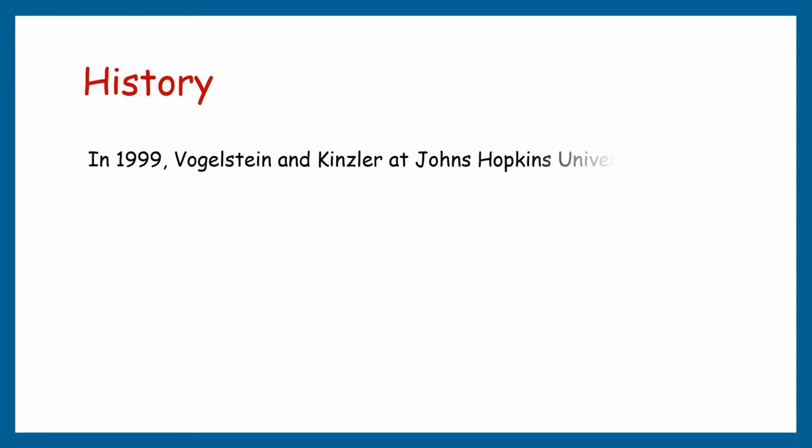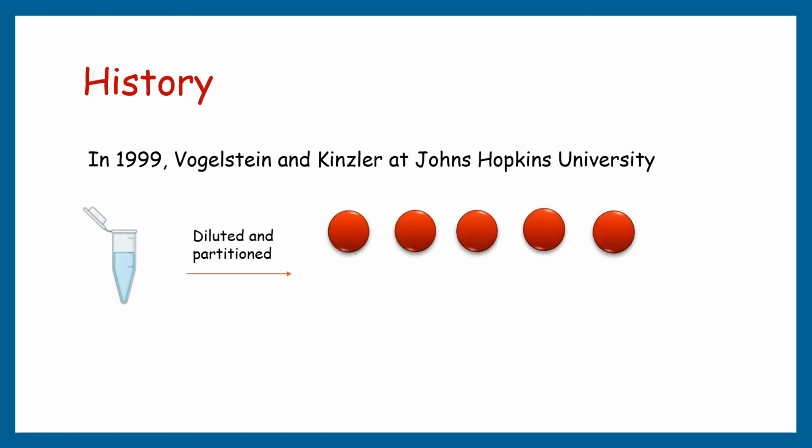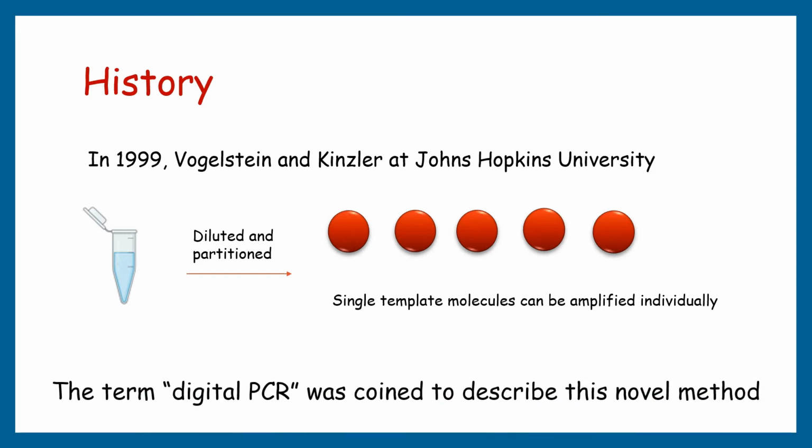In 1999, Vogelstein and Kinzler at Johns Hopkins University developed a method whereby a sample is diluted and partitioned to the extent that single template molecules can be amplified individually, each in a separate partition, and the product detected using fluorescent probes. From this method onwards, the term digital PCR was coined. However, it still needs laborious manual dilution of DNA samples, in which bias may arise.